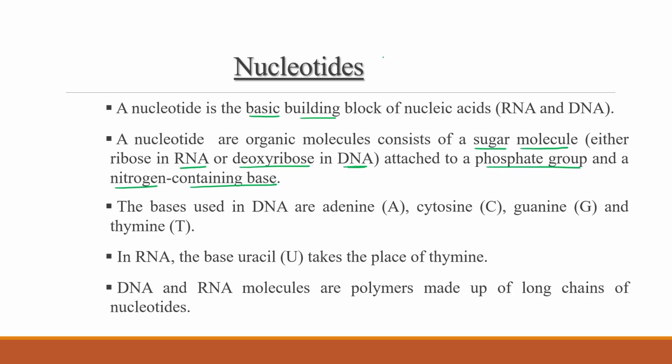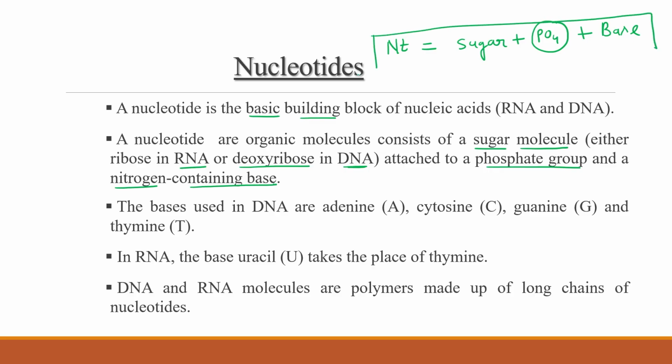So three components are there. Nucleotide is equal to, we can say, sugar plus phosphate group plus base, right? This sugar may be ribose or deoxyribose, depending upon the type of nucleic acid.